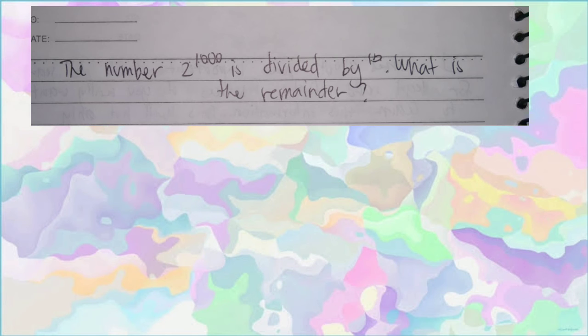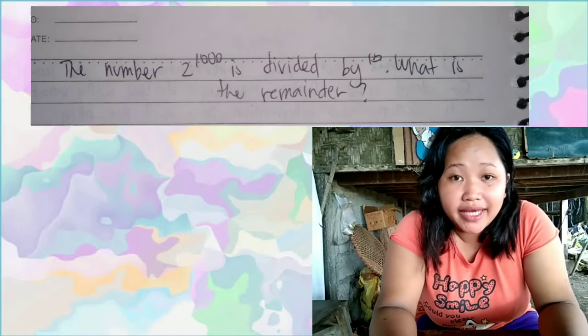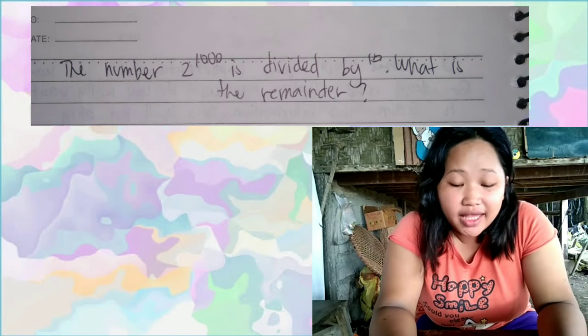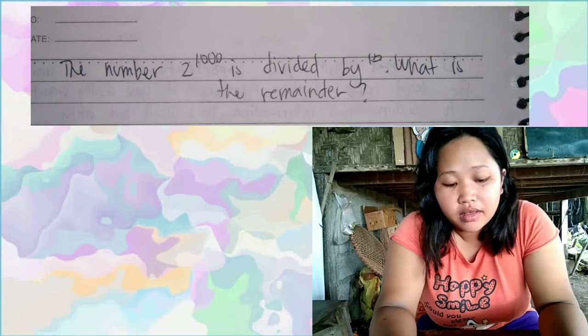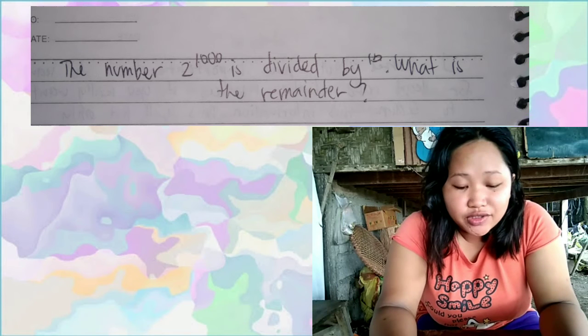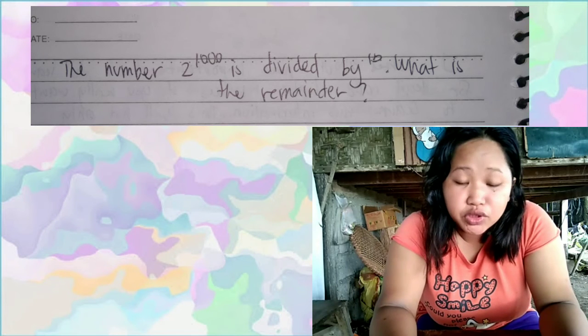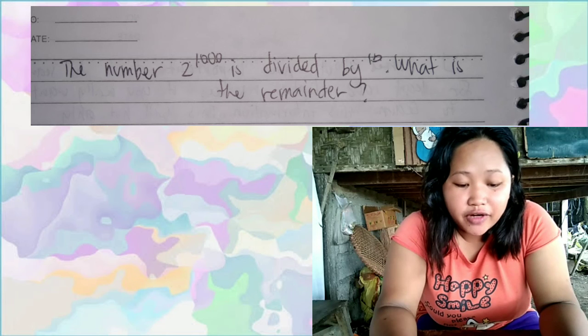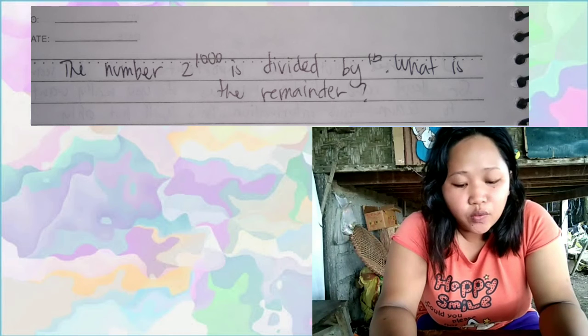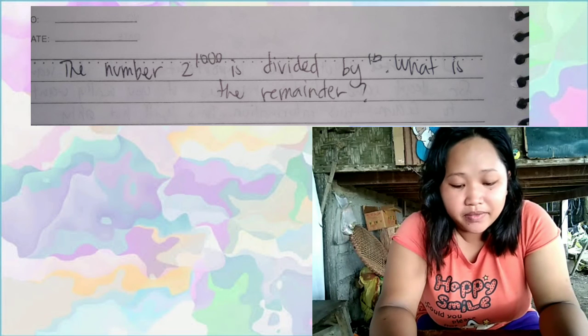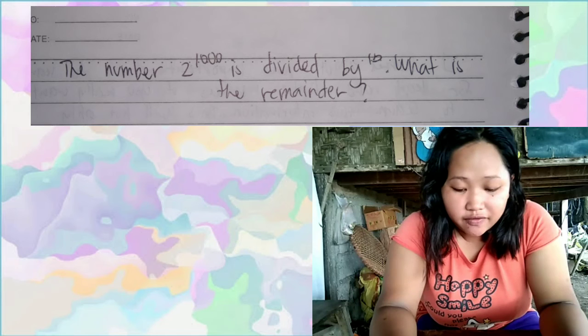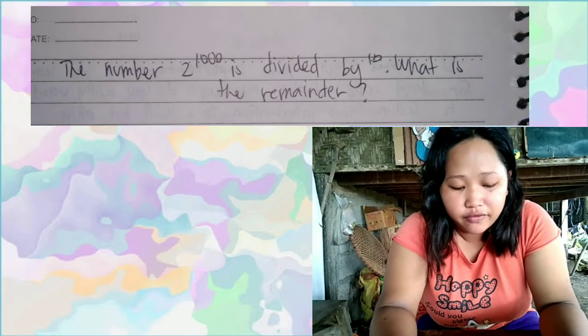The number 2 raised to 1000 is divided by 13. What is the remainder? We know that 2 raised to 12 is congruent to 1 modulo 13. So we first take out as many factors of 2 raised to 12 as possible. We can write 1000 as 83 times 12 plus 4, which is another way of saying that 1000 is congruent to 4 modulo 12.